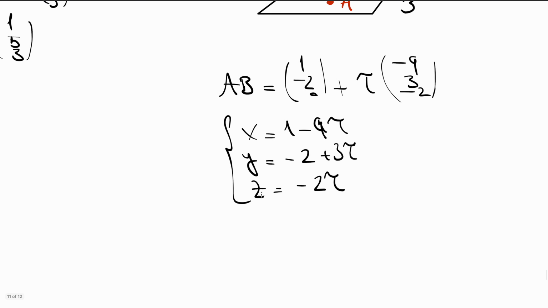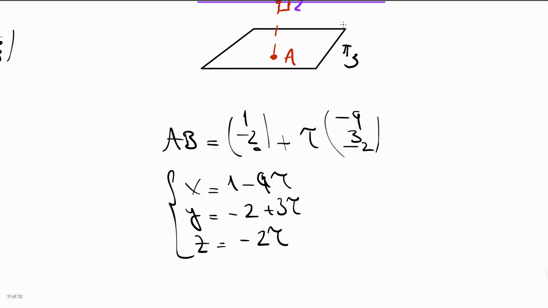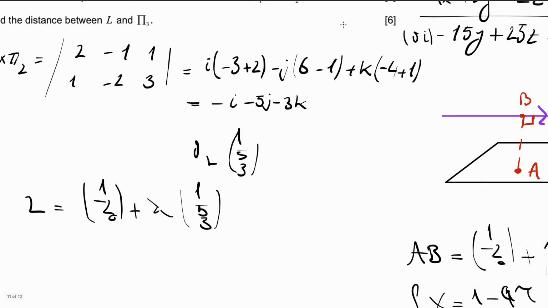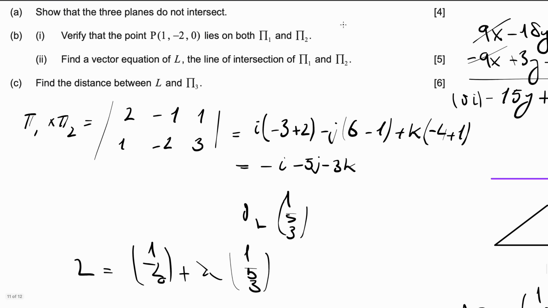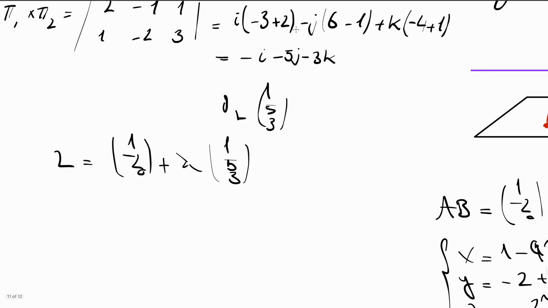Our goal is to find the point on P3 which this line AB goes through. So you can substitute these x, y, and z into the equation of P3 to find the constant tau.